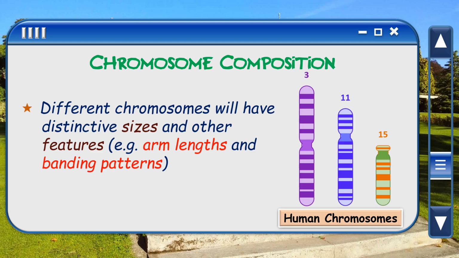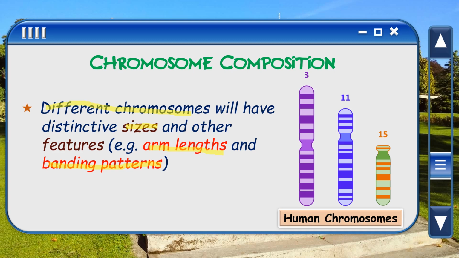Different chromosomes will have distinctive sizes. They have distinctive sizes and other features like the arm length and the banding pattern. If you look at the different chromosomes, you are going to see that they have distinctive sizes.